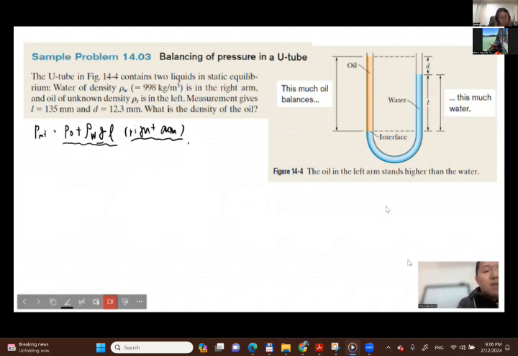Now that should be the same as the pressure on the left arm, which is filled with oil. That is P naught, the atmospheric pressure, plus rho x, the unknown density of oil, times the gravitational acceleration constant g times L plus d. That is the left arm.